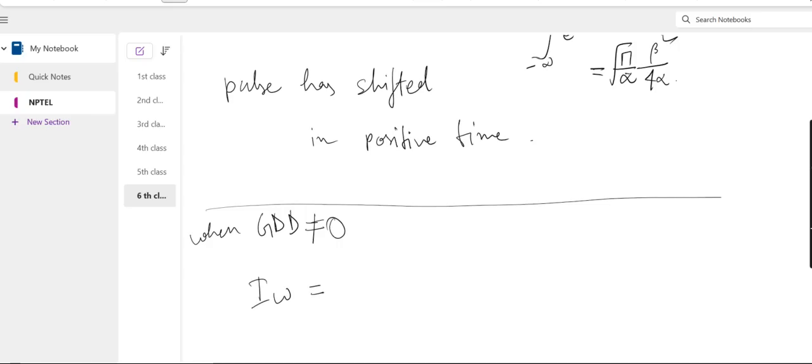So I omega, the spectrum, you can say is I naught e to the power minus 2a omega minus omega naught square.